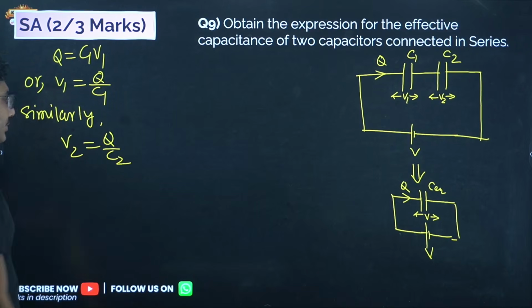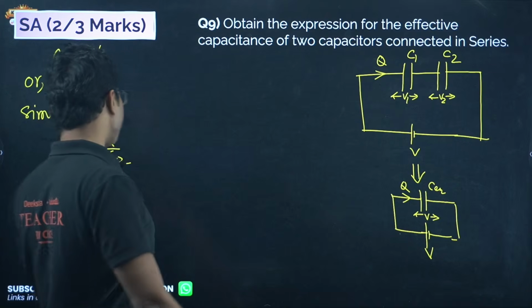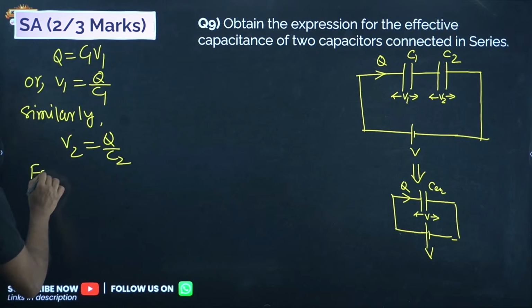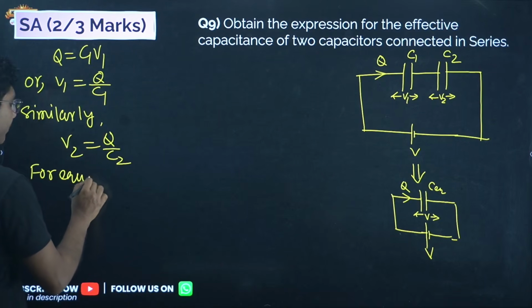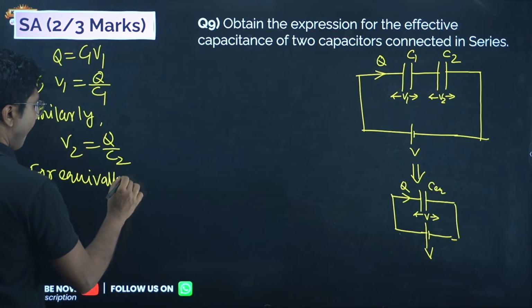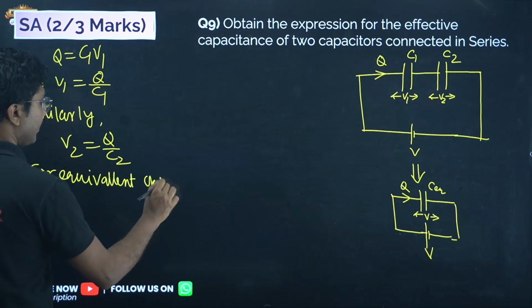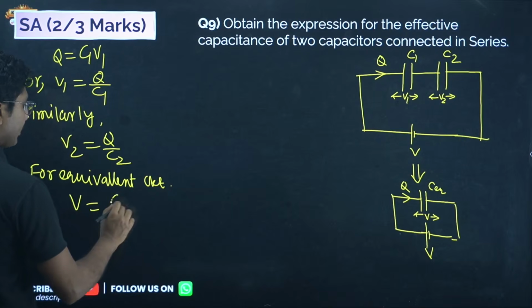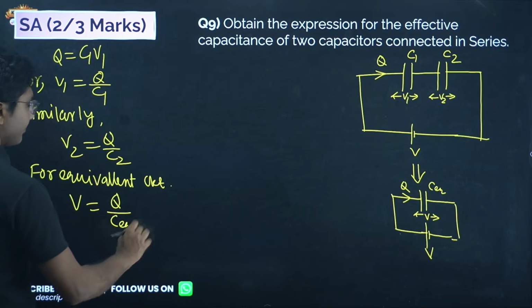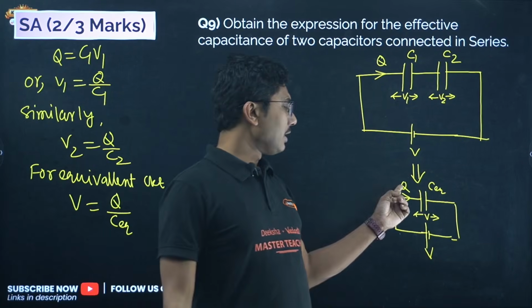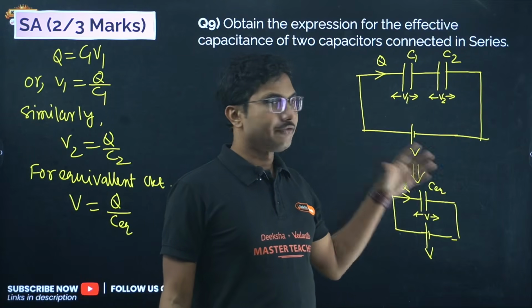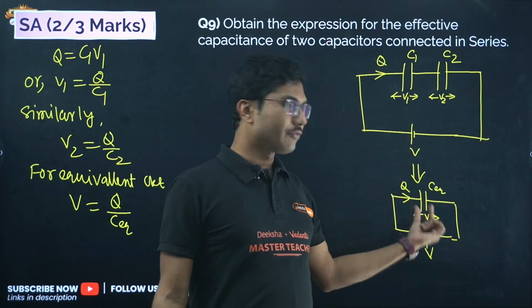As I mentioned, charge is the same, so V2 will be Q upon C2. For the equivalent circuit, V will be equal to Q by C equivalent. For the equivalent circuit, only Q is the same, C equivalent is the equivalent capacitance, but the total voltage is this.